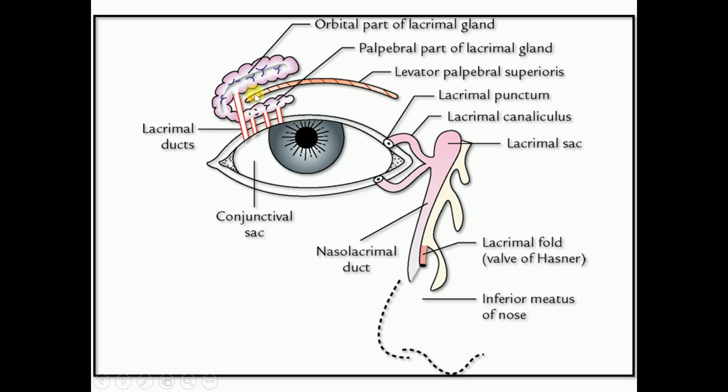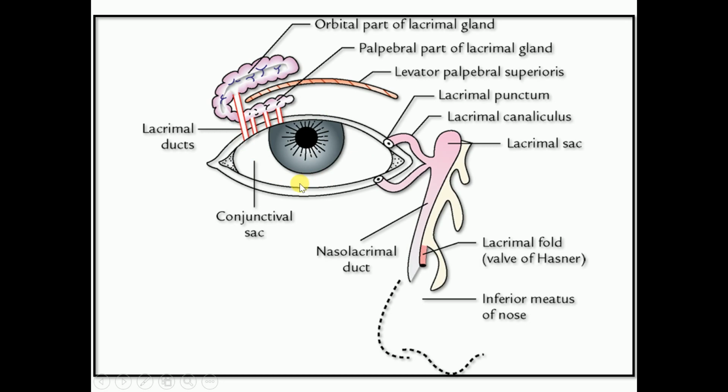Through these ducts, tear or lacrimal fluid is secreted into the conjunctival sac. The conjunctival sac is the potential space between the bulbar and palpebral conjunctiva.